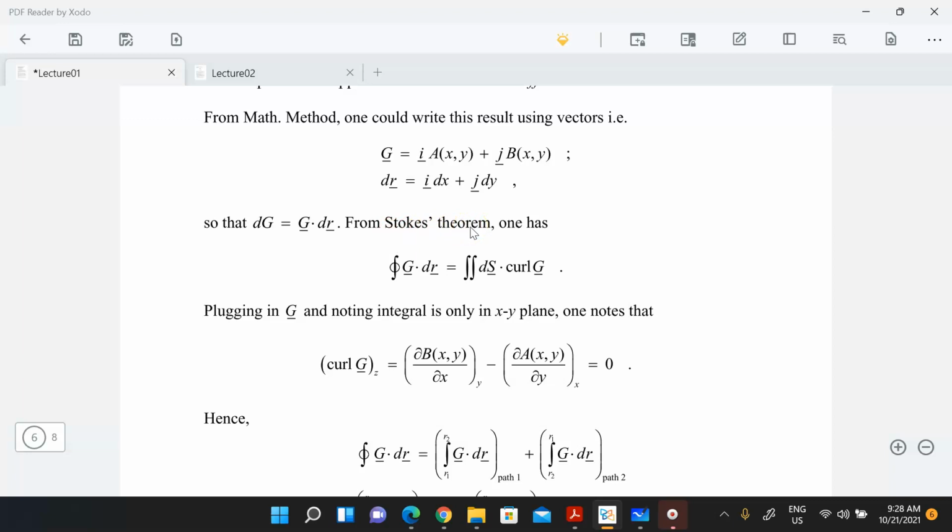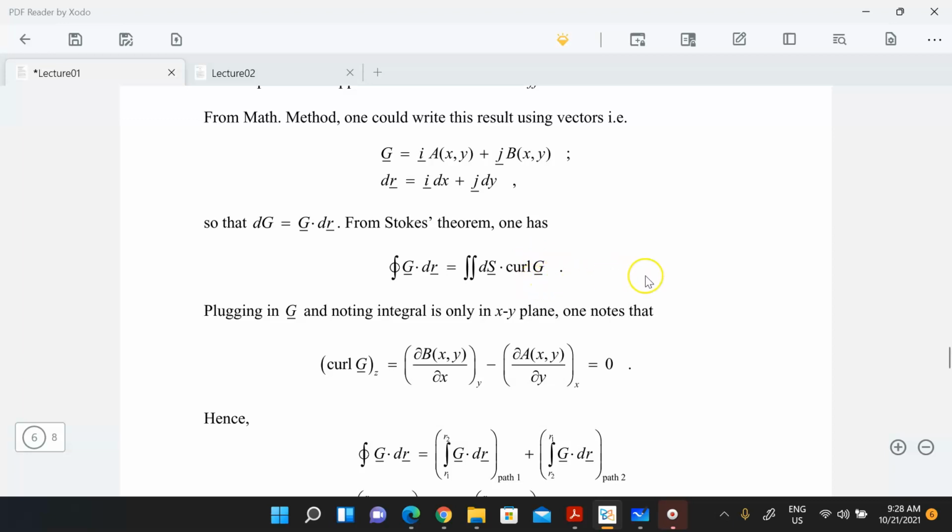In this particular case, Stokes' theorem is a bit more specialized because there are only x and y independent variables. Remember that Stokes' theorem relates a line integral and an area integral. Area integral, usually you think of it embedded in three-dimensional space.